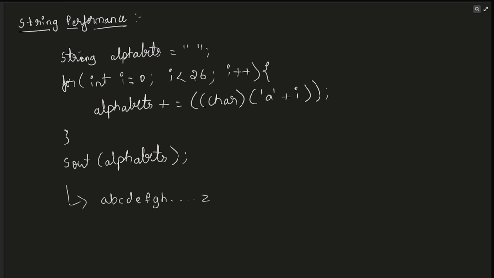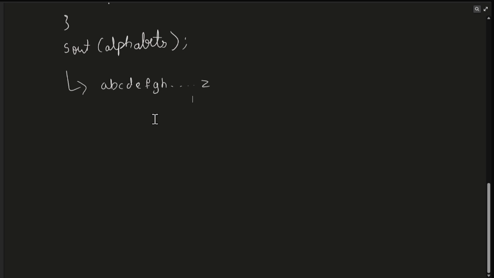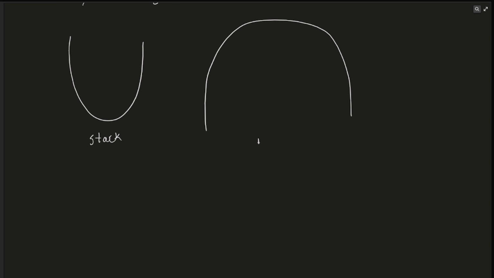Now, can you guys think of how stack and heap work for this program? Let me just show you. I'll have a stack over here, and in the heap we need a little bit of extra space.